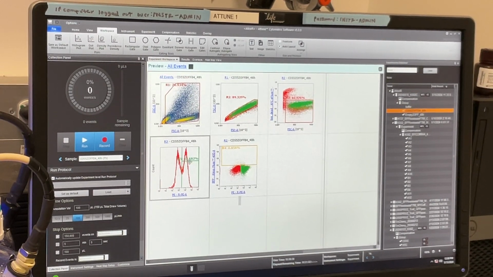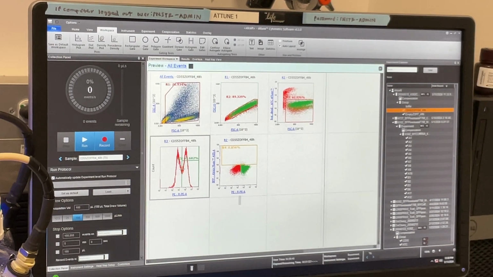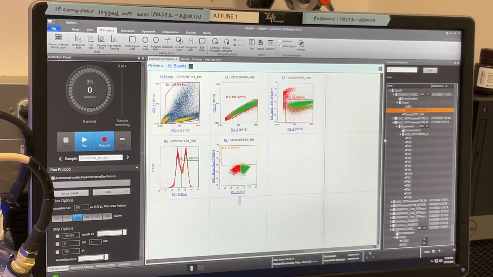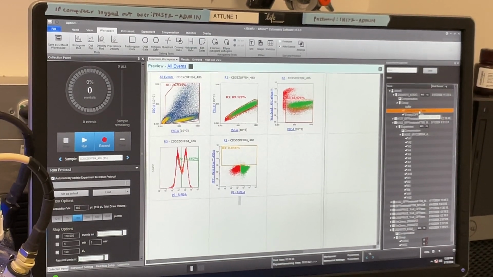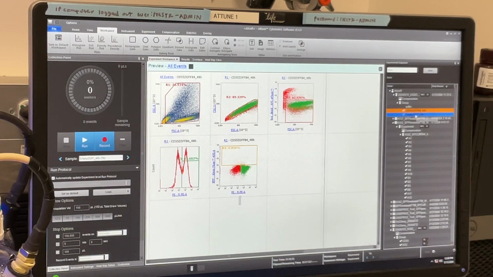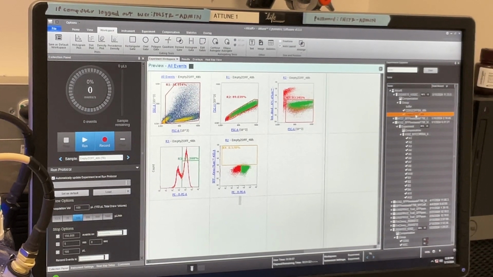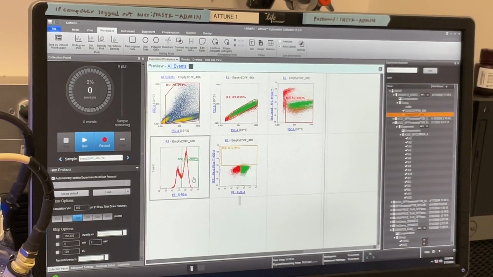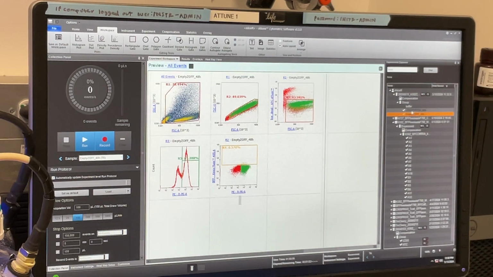One thing is that we may not have used enough antibody for the cells to stain because we collected quite a lot of events. So anything this way is considered CD55 positive.